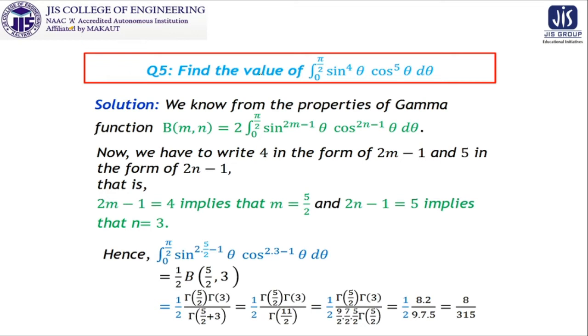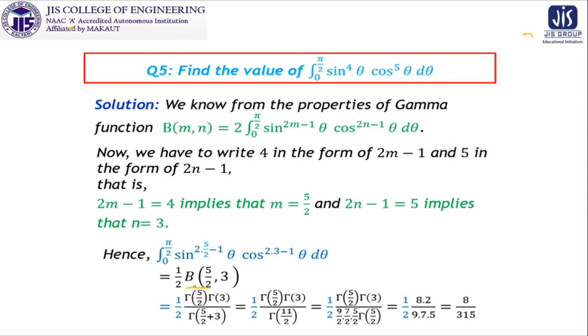if you see that this 5 by 2 can be tackled by 5 by 2 is equal to 3 by 2 plus 1. So gamma 5 by 2 will be 3 by 2 gamma 3 by 2, then 3 by 2 into half gamma half, and gamma half is root pi.